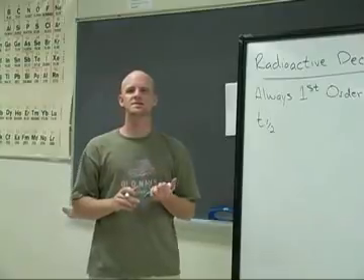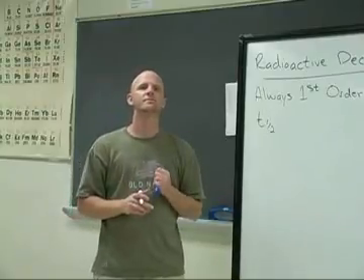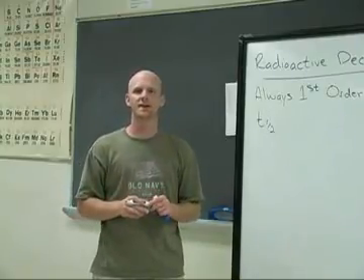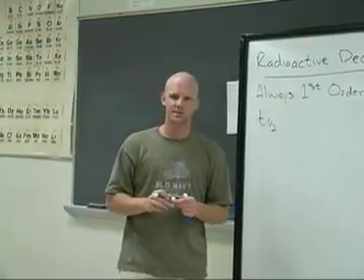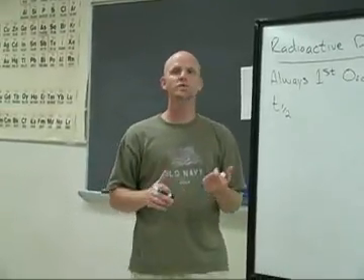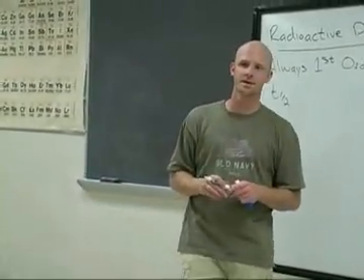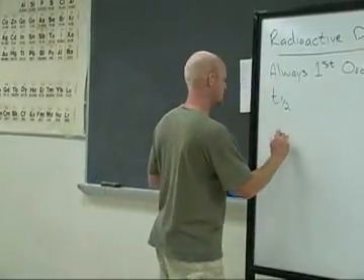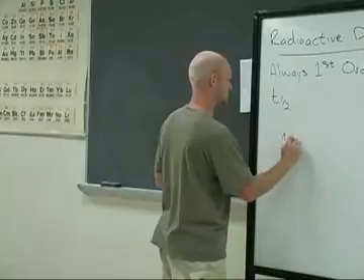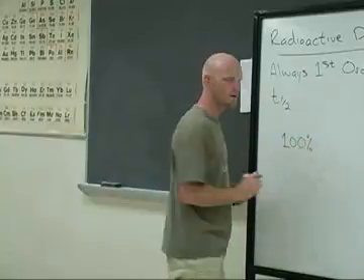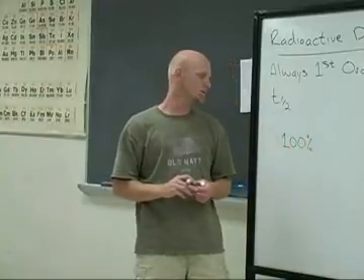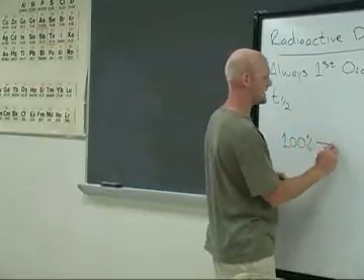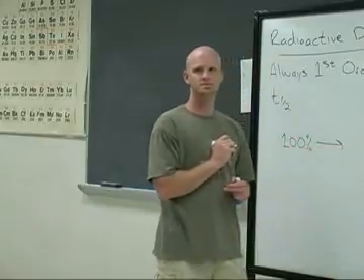Half-life is the amount of time it takes for half of your sample to decay. So after one half-life, only half of your sample remains. If I start with a sample, which means I start with all of it, 100%, how much would be left after one half-life? 50.